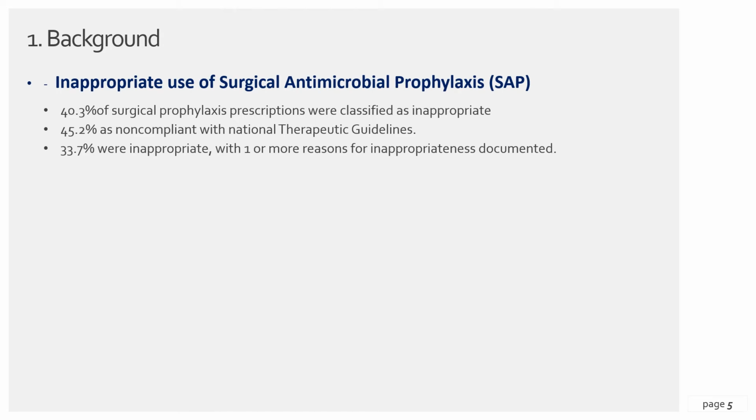However, data from the Hospital National Antimicrobial Prescribing Survey found that 40% of surgical prophylaxis prescriptions were classified as inappropriate and 45% as non-compliant with national therapeutic guidelines. 34% were inappropriate with one or more reasons for inappropriateness documented.